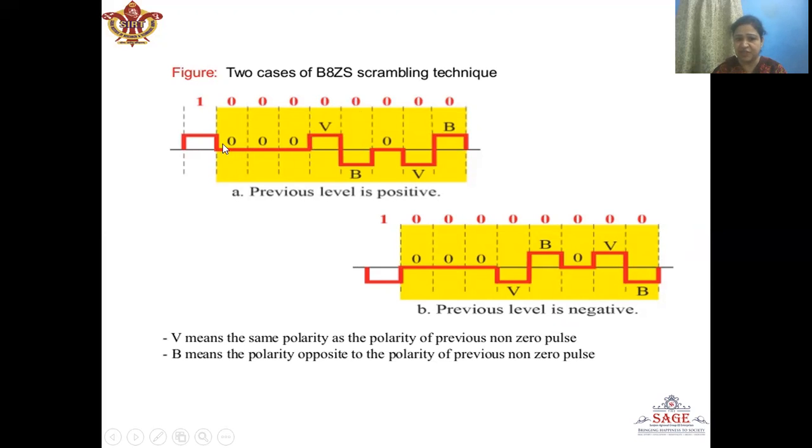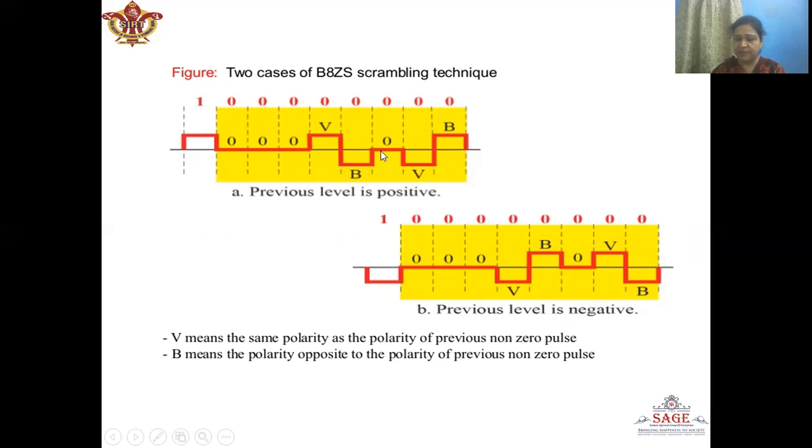Since the previous one was represented by high voltage level, the violation bit will also be represented by the high voltage level. That means it is violating the AMI pattern. Now, then we have pattern B0VB. B means bipolar pulse. That means if it was originally positive voltage, bipolar alternation will create negative voltage.